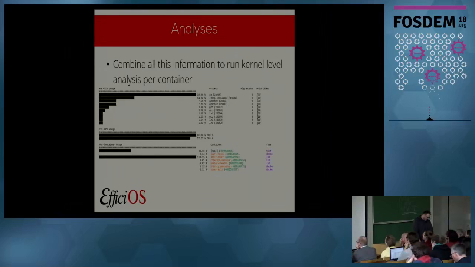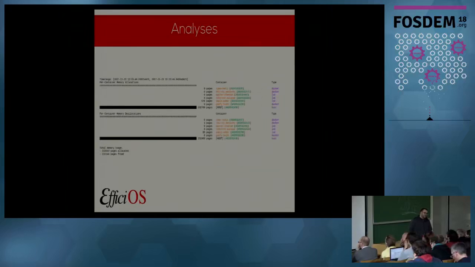But I've modified it, and you can maybe see at the bottom of the slide where there's a bit of color, that you can now also see CPU usage by container, with the container name, its ID, and its type. There are already a lot of analyses provided by the LTTng analyses project, and they could all be adapted to be container aware.